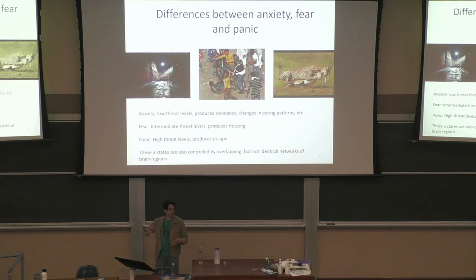There's a higher probability of it being dangerous. And in these situations that provoke anxiety, which is a reaction to the lowest levels of potential threat, we have behaviors like avoiding that location or eating later instead of eating now, or sleeping in a different location, or things of that sort. Okay.